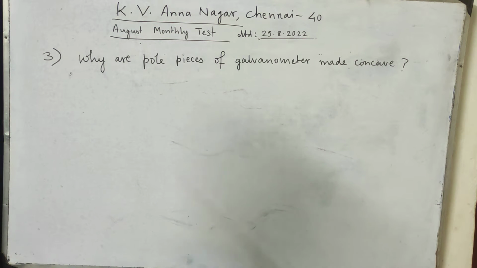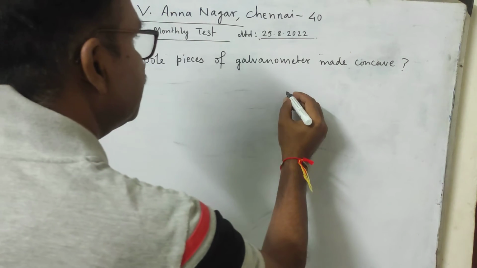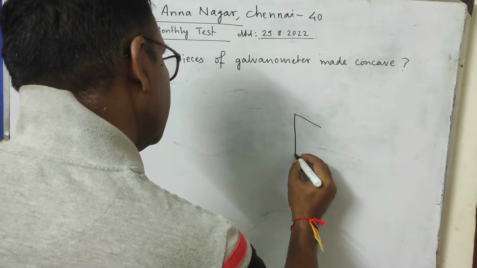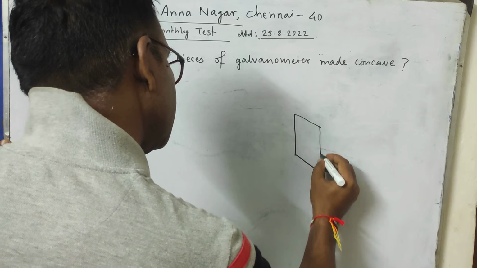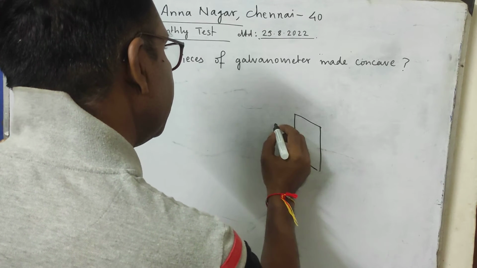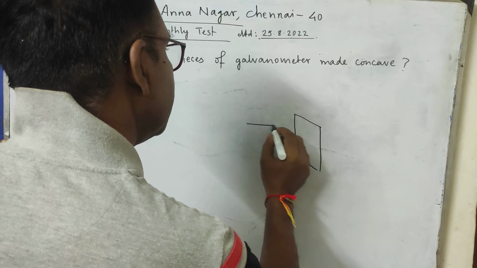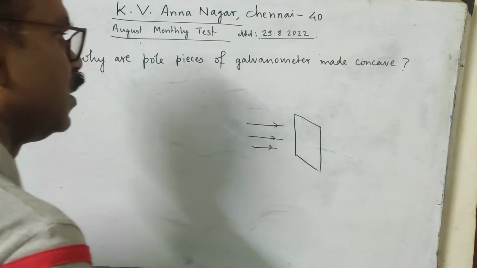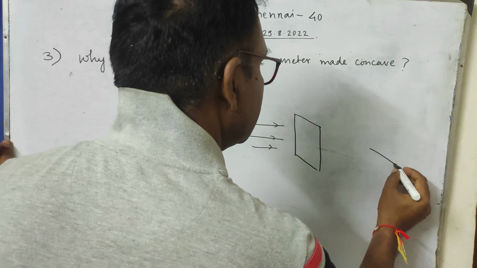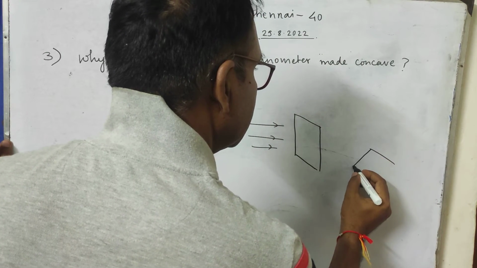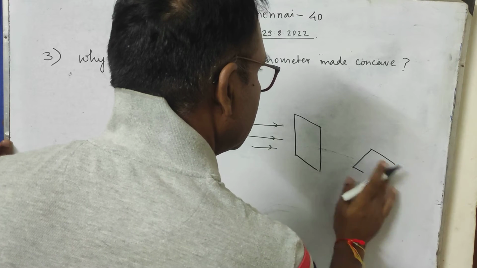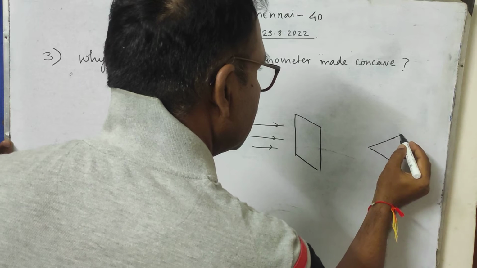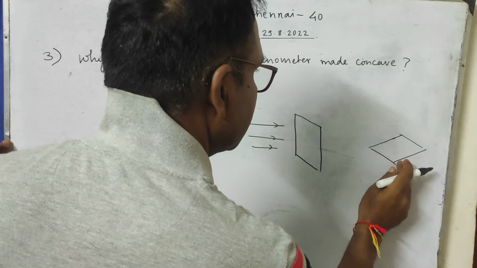The torque is given by, suppose this is your current carrying loop, like this, and the magnetic field is going in this manner. This is the surface, isn't it?